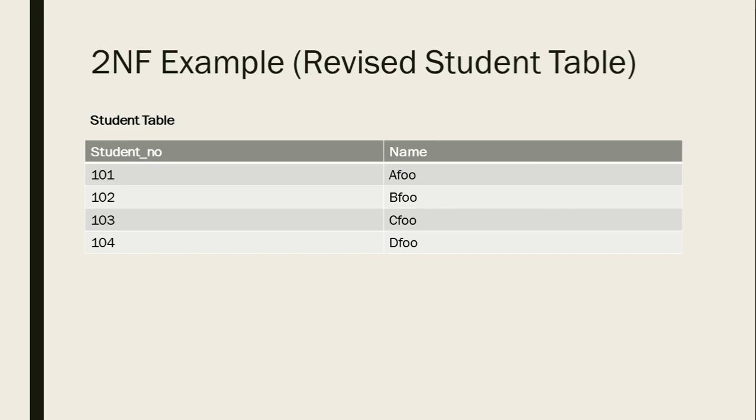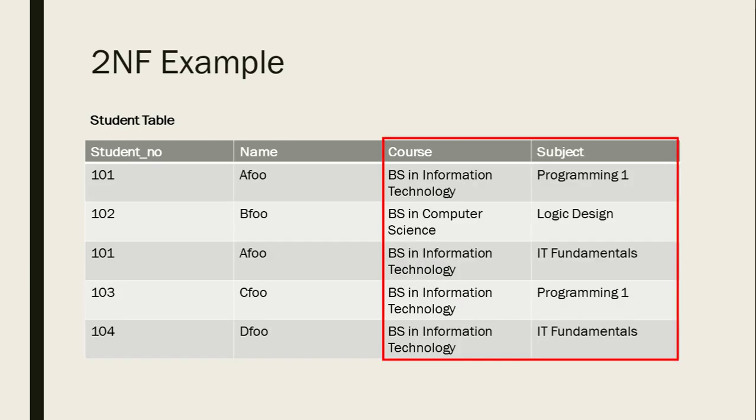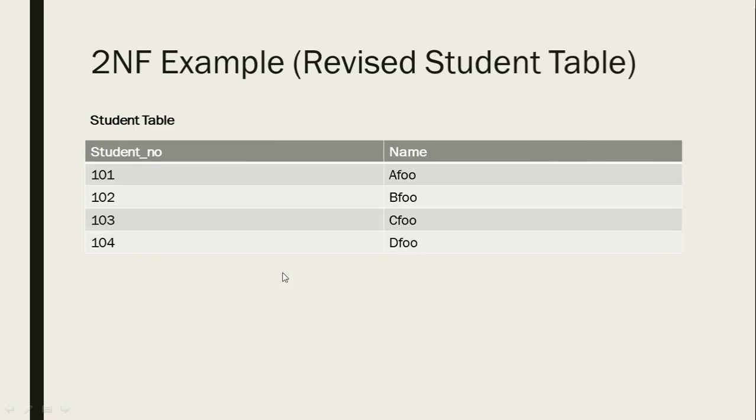Now, one advantage of using this particular instance is that you've eliminated the need to duplicate the record of Afu, as is the case with this particular example. Afu is stored in rows number 1 and number 3. In this instance, Afu is now stored only in row number 1.